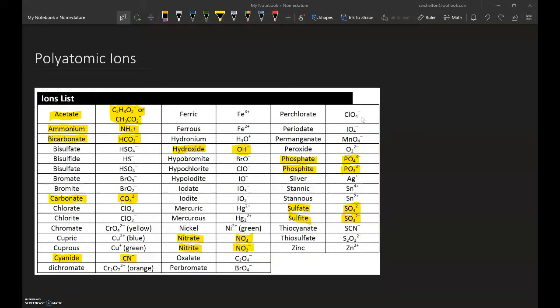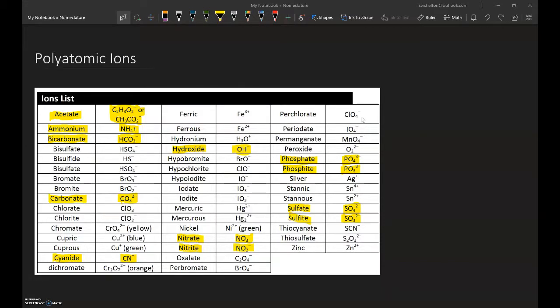Now, carbonate, if you go down a little bit further on the list, you'll see carbonate has a formula of CO3 -2. And if we go back up to bicarbonate, you'll see that it has CO3 formula, but its charge is -1, and that's because it has one hydrogen attached to it. And so that's where the bi prefix comes from. It's just telling the person that you have one hydrogen.